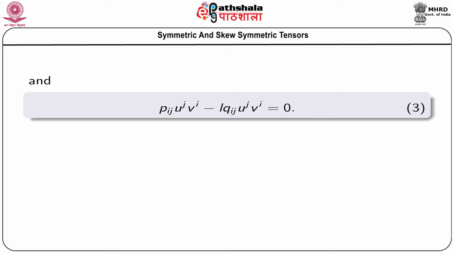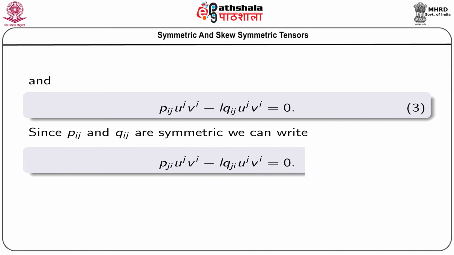Here also we get Pij uj vi minus l Qij uj vi equals 0. Since Pij and Qij are symmetric tensors, we can write Pji uj vi minus l Qji uj vi equals 0.